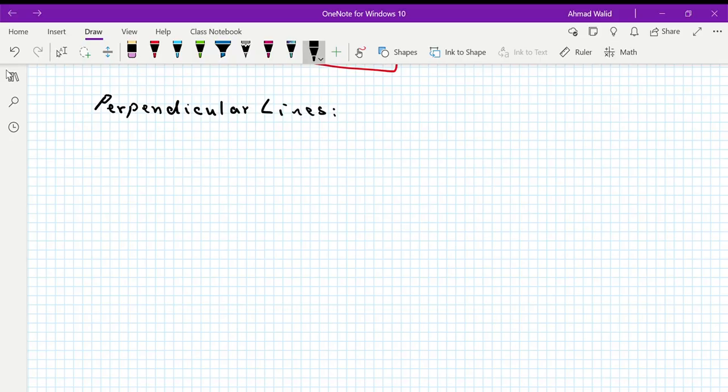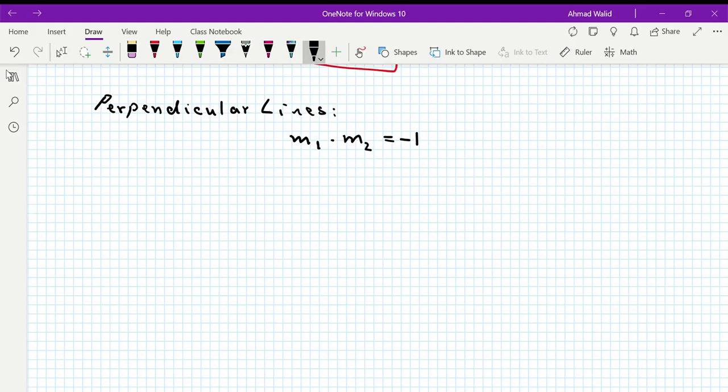Two lines are perpendicular to each other if their slopes are opposite reciprocals of each other. Or in your book, they tell you that if you multiply their slopes, m1 and m2, it always gives you negative 1, which is the same definition.